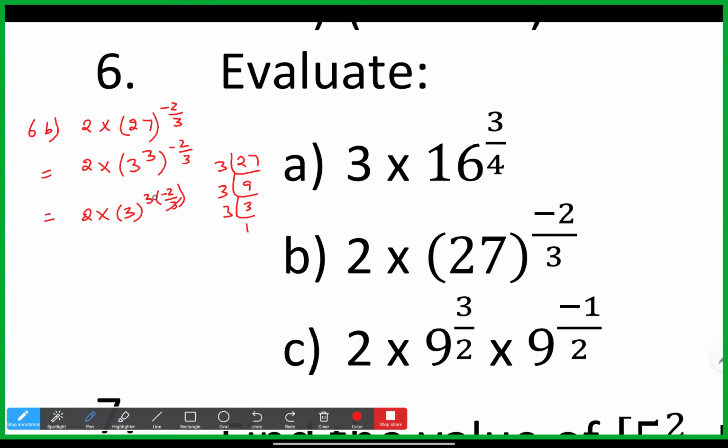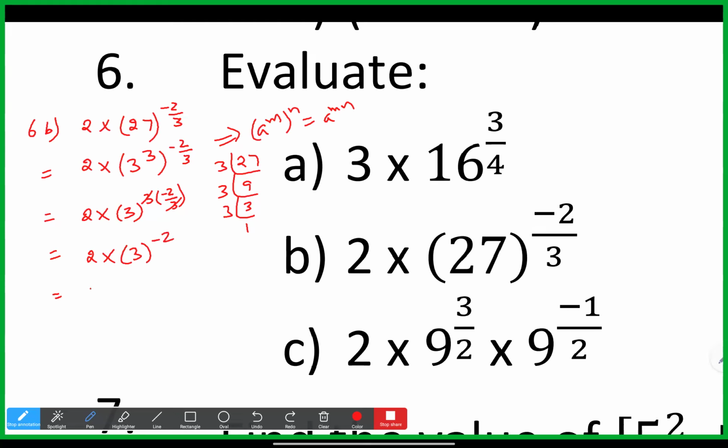So the 3s will get cut. Here we are using a power m whole power n. So 2 into what is left beside? 3 power minus 2.